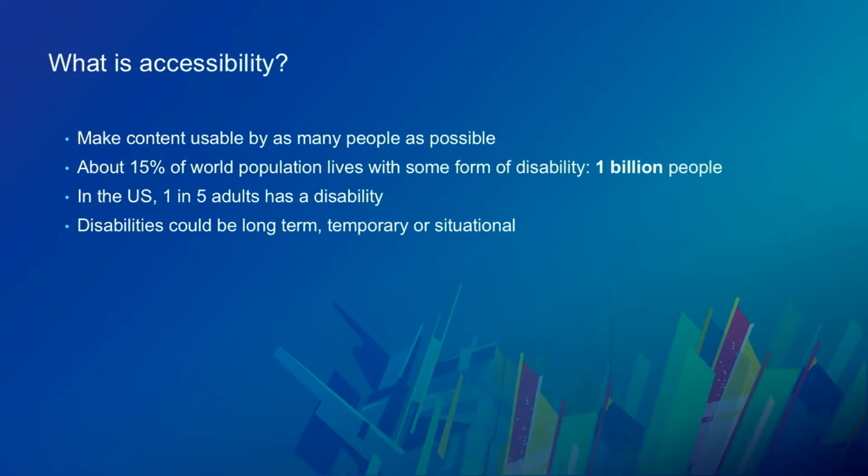So what is accessibility? The biggest thing is really just trying to make our products and interfaces accessible to everyone. About 15% of the world population lives with some form of disability, so that's roughly 1 billion people. In the US, 1 in 5 adults has a disability. And the things that we're thinking about when we're thinking about disability are long-term, temporary, or situational.